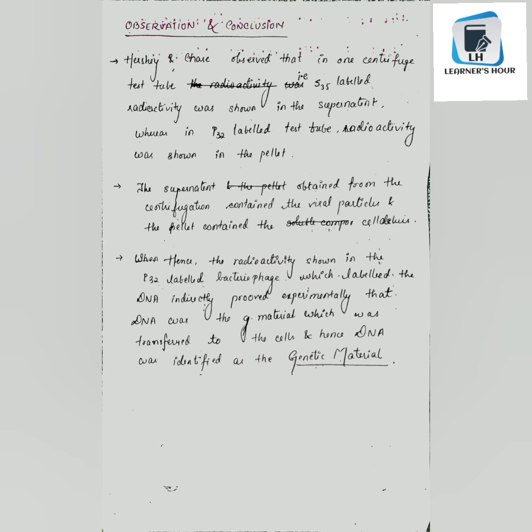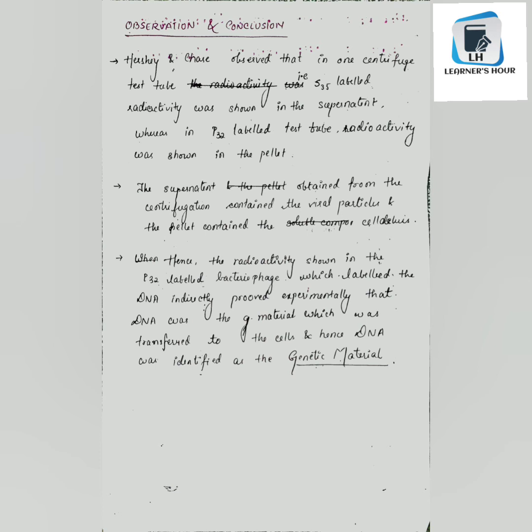So, as I already mentioned earlier, radio labeling the bacteriophage with P32 isotope indirectly radioactively labeled its DNA, and also the pellet contained the DNA and the cellular components. Also, the radioactivity was shown in the pellet.